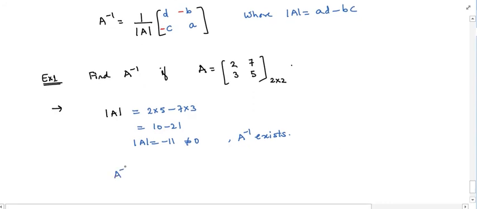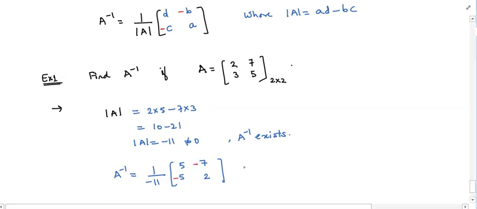Then A inverse is given by this formula: 1 over the determinant of A, which is minus 11. What you have to do for the diagonal elements is change the position: 2, 5 become 5 and 2, the elements on the principal diagonal. For the remaining elements, change their sign: minus 7, minus 5.